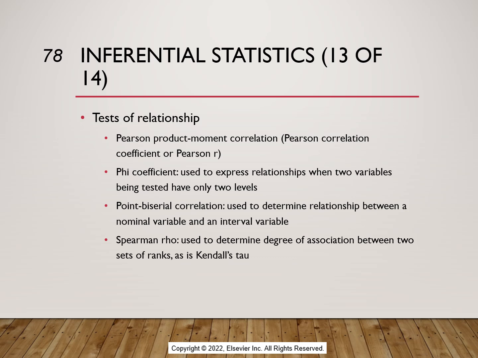You may see it referred to as Pearson's r, the phi coefficient, a point biserial correlation, and a Spearman rho. So if you see these while reading through your quantitative research study, dig into the textbook a little bit more to have a deeper understanding so that you can adequately analyze your research article.